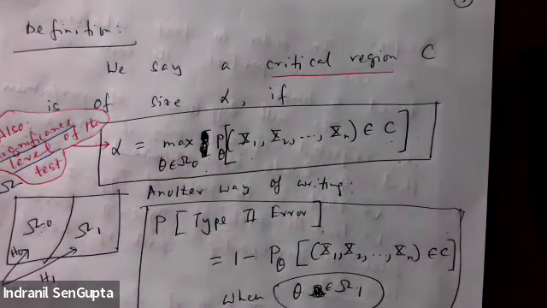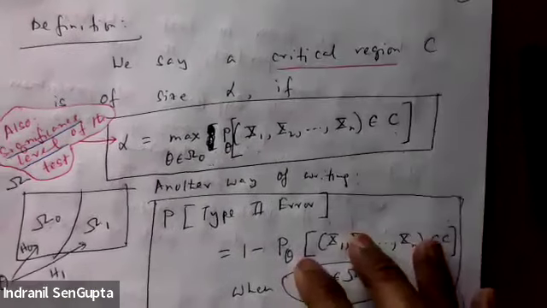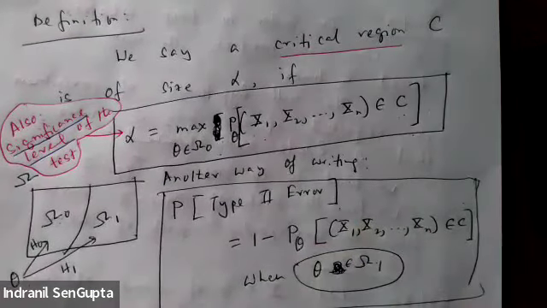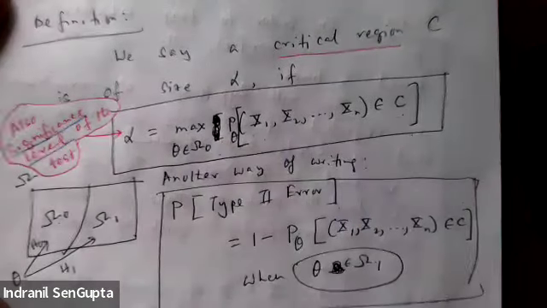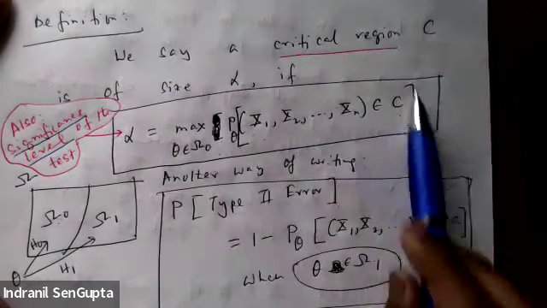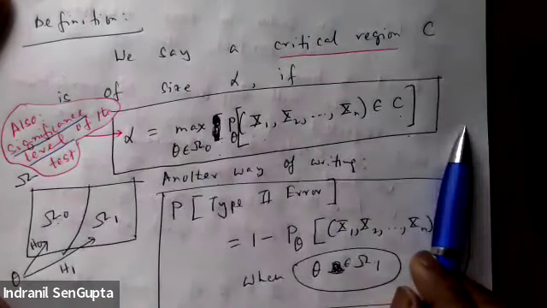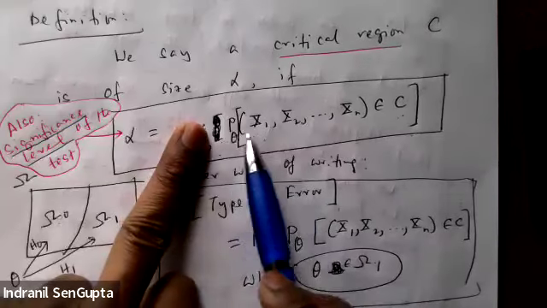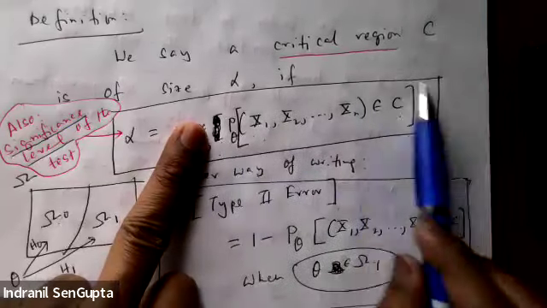So how do you understand the level of significance? It's basically the upper bound of the type 1 error, isn't it? So it's a maximum value. Remember that this is giving you a type 1 error, right?